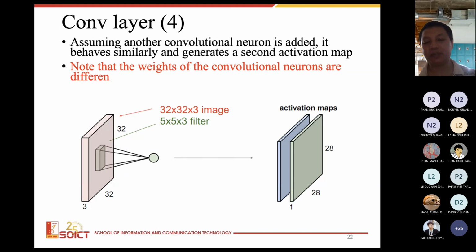In this case, you can produce another image with this sign and the number of channels. Note that the weights of the convolutional neurons are different, because you want each convolutional neuron to learn different things.